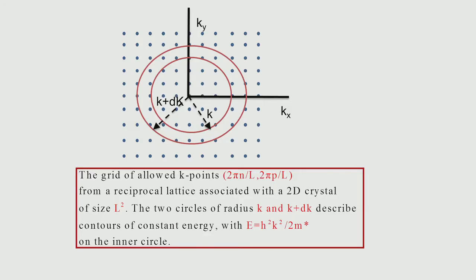Now, quickly, consider what is called a two-dimensional grid, like what is shown here in the picture. In the first Brillouin zone, and the second Brillouin zone, if you are asked to plot the electron energies, you always get circles of constant energy.